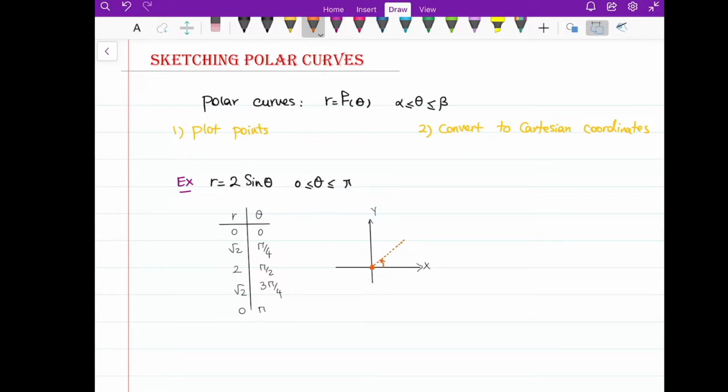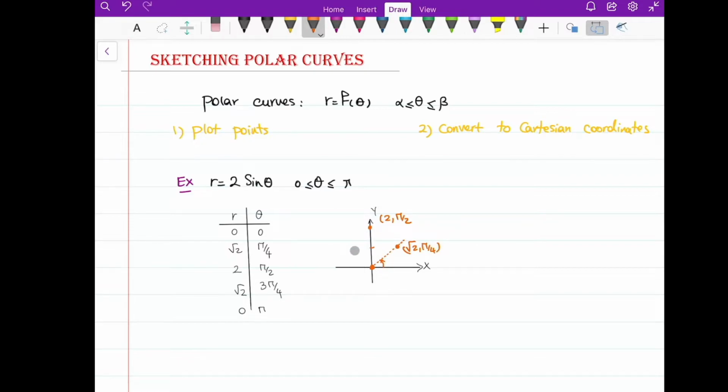So assume that, for example, somewhere in here, this is the point root 2 and pi over 4. Okay, and then 2 and pi over 2. So from the positive x-axis, I'm going to go to pi over 2, and then I'm going to have like this as 2. So I get the point 2 and pi over 2.